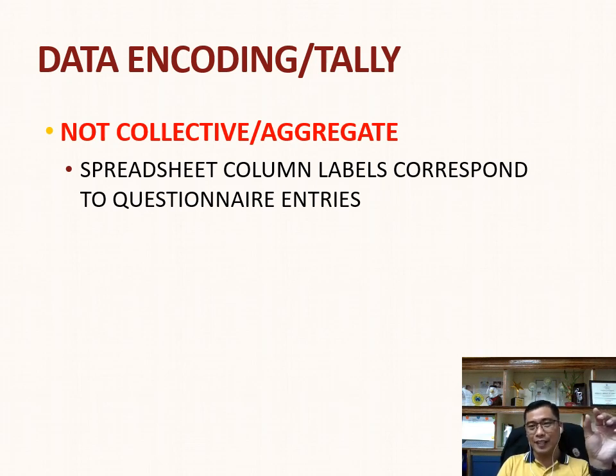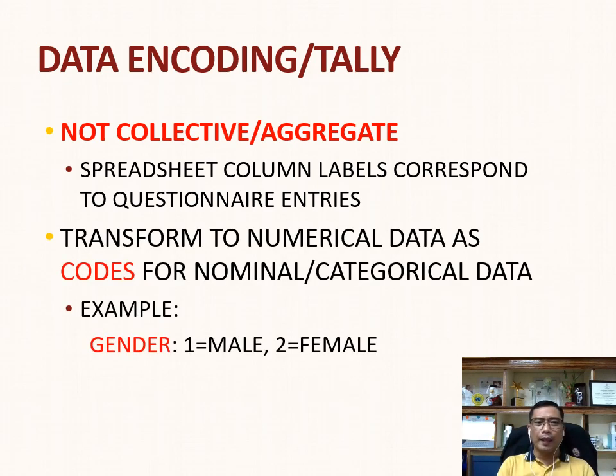If your next question is about educational attainment, the next column label is educational attainment. If your next set of questions is about motivation, then you label it M1, M2, M3, depending on how many questions you have for motivation. That's how you should be encoding in your spreadsheet. If you have non-numerical data, such as categorical data, you should be supplying codes for them, just like what we relayed earlier.